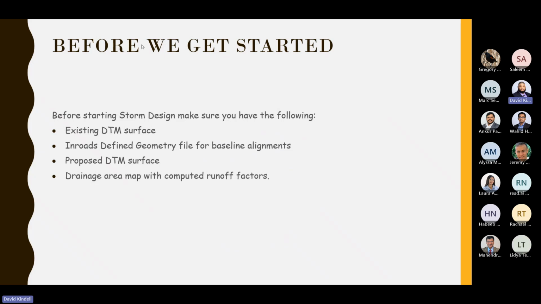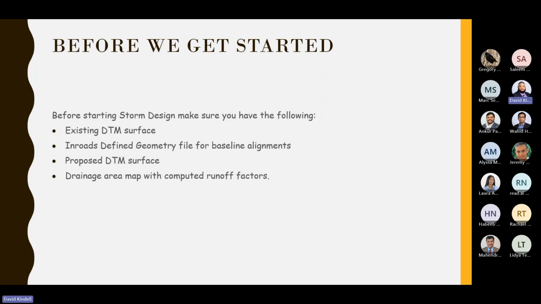The first thing you have to do before you get started is to make sure that you have the following: existing DTMs, surfaces, and the photography file for a baseline. Usually highway has an alignment file ready to go for the roadway.